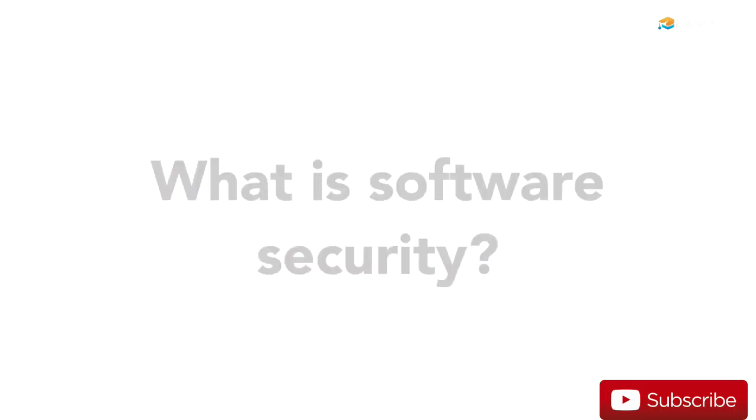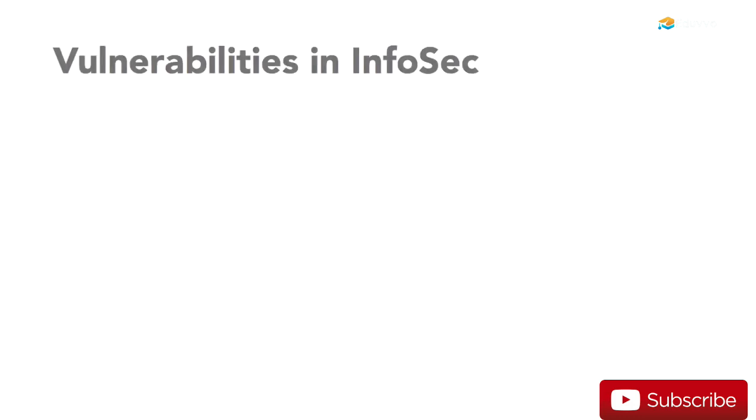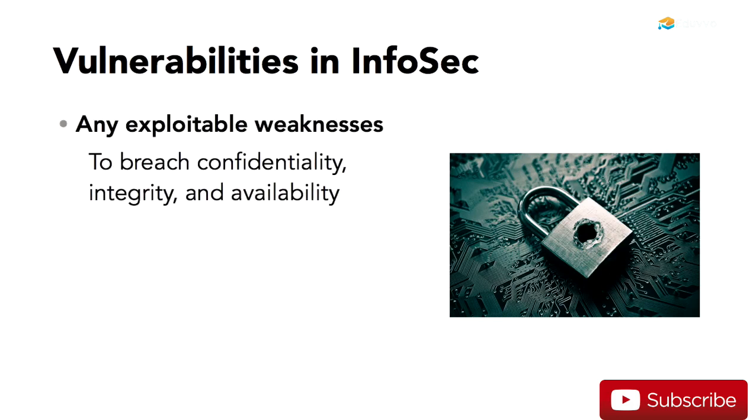Software security is a broad term encompassing many topics, and I'll help you gradually develop your understanding of software security throughout this course. In information system security, vulnerability refers to weaknesses exploited by attackers to breach confidentiality, integrity, and availability.